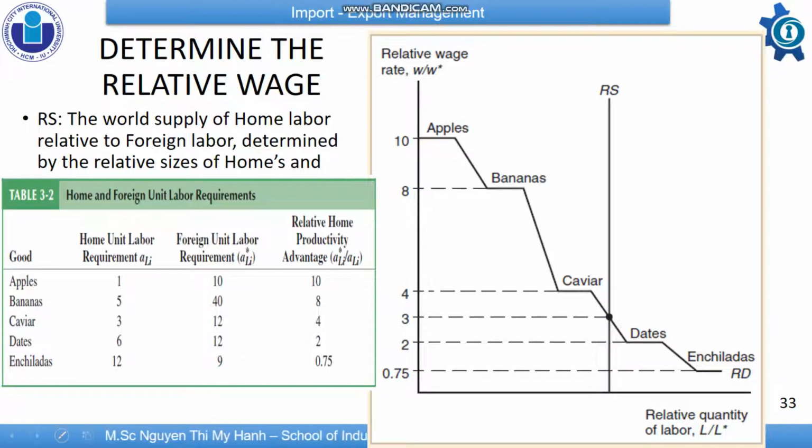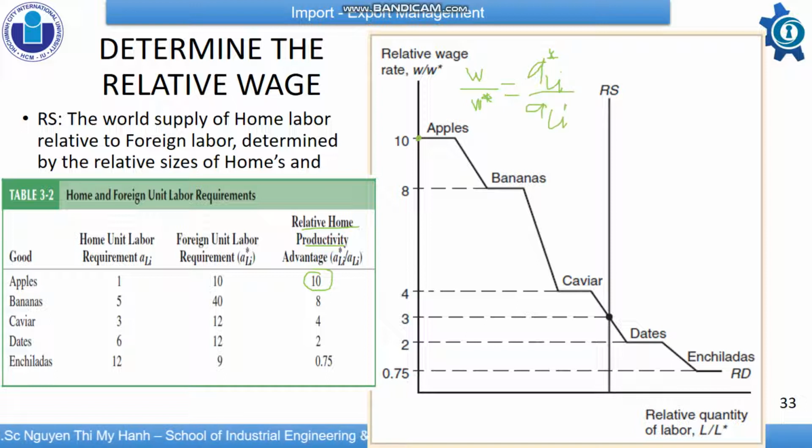When the relative wage rate of home country to foreign country is equal to 10, that is equal to the relative home productivity advantage, let me write here, W divided by W star equals a star L1 over a L1.